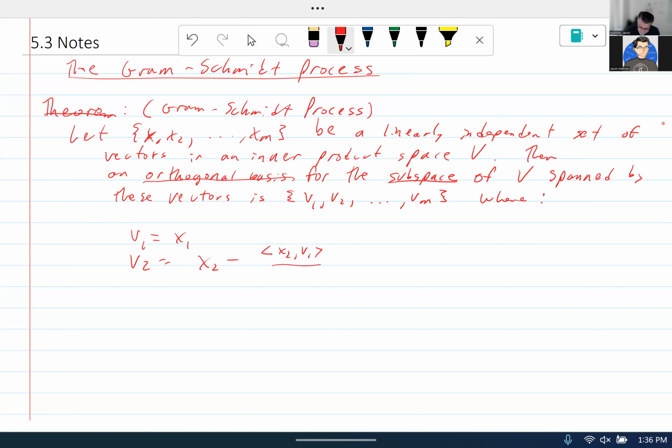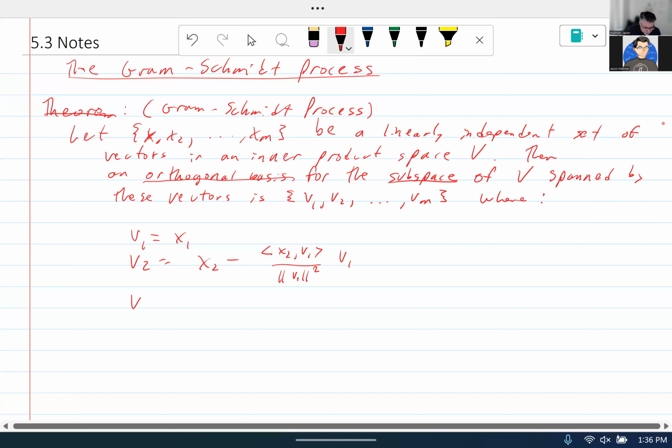Okay, over the norm of v1 squared times v1. Okay, so that kind of creates a v2, okay, based on x1, x2, and v1.